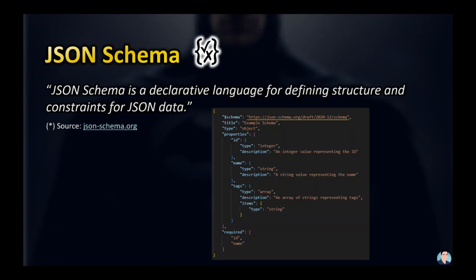JSON Schema also functions as documentation, clearly detailing the types, formats, and restrictions of the data involved in API interactions. This facilitates seamless integration for developers, minimizing errors and misunderstandings.